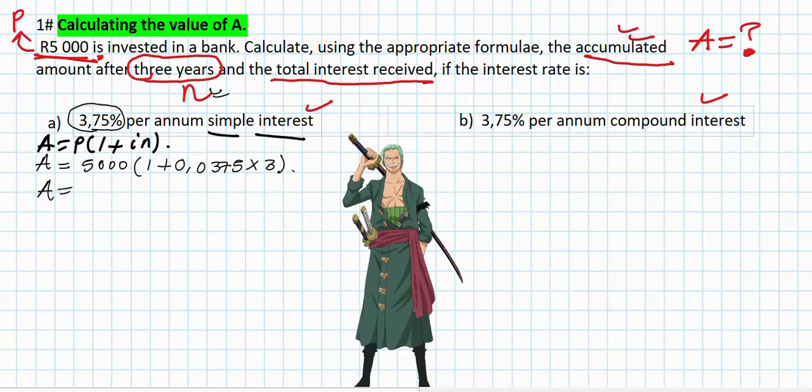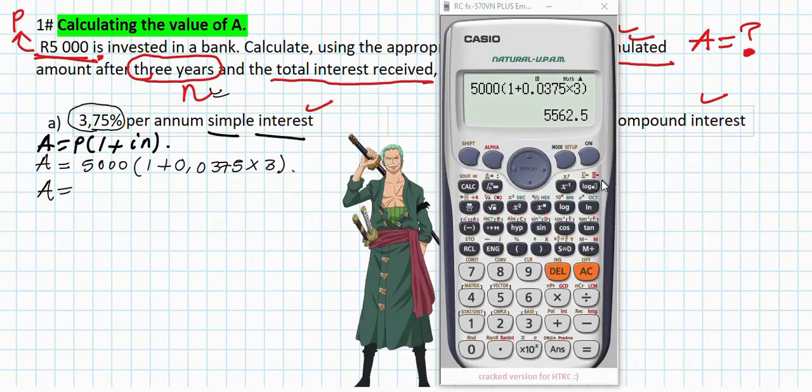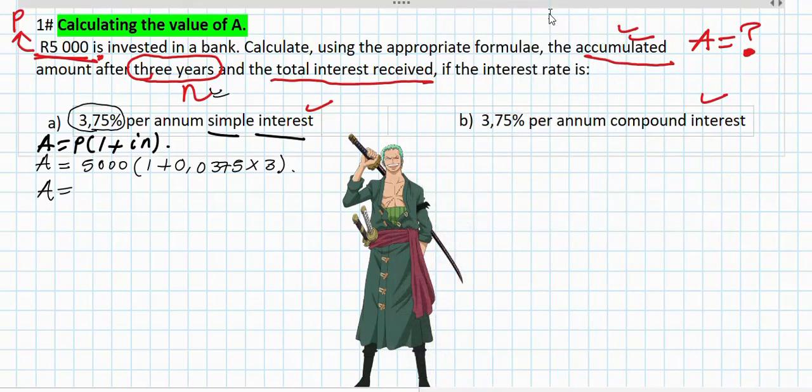Then A is equal to, let me grab my calculator quick. Okay, so the accumulated amount that I get, it's 5562,5. Let's write that down. Boom. 5562,5.